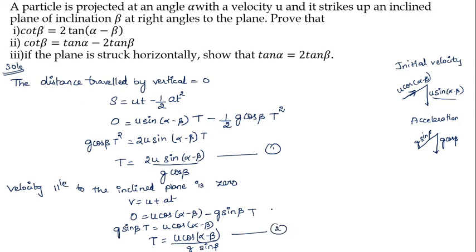We have both of them as time of flight. So now we are going to equate these two equations. So this will be 2u sine of alpha minus beta divided by g into cos beta equal to u into cos of alpha minus beta divided by g sine beta.